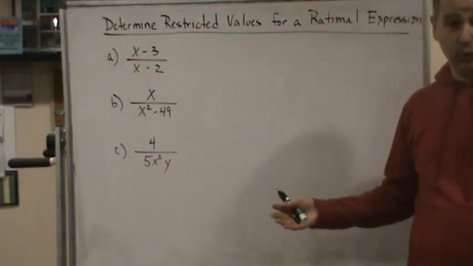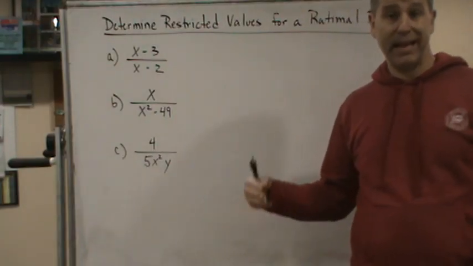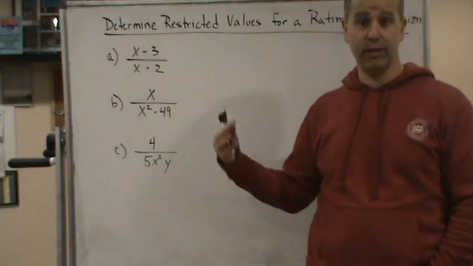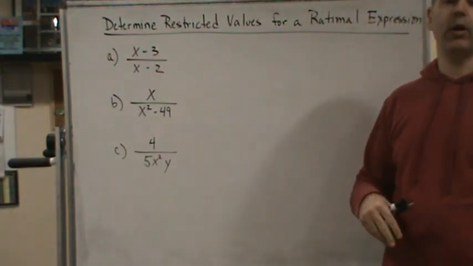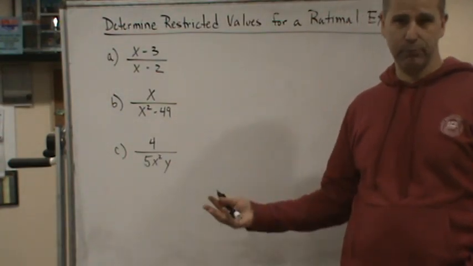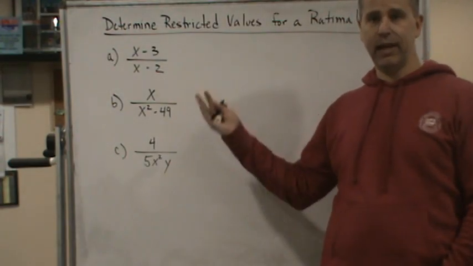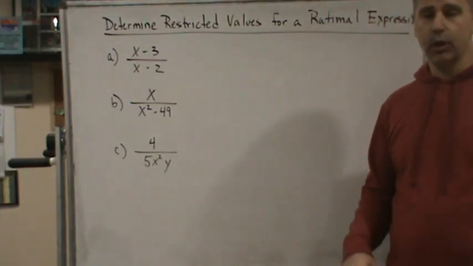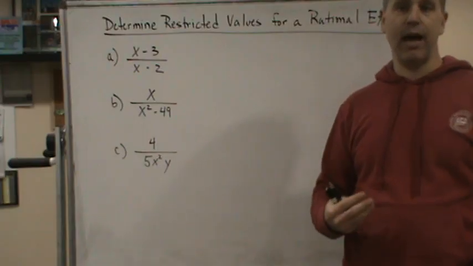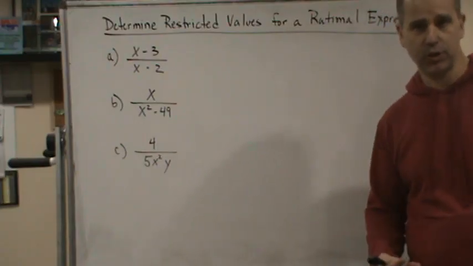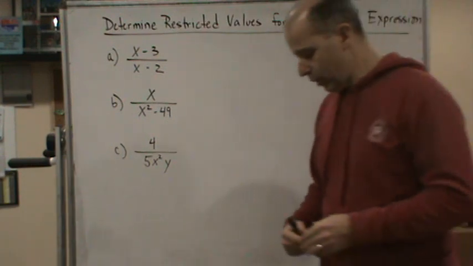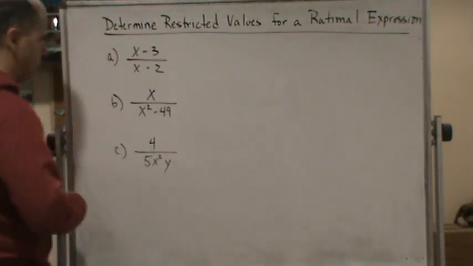Any value of a variable that makes the denominator 0 would be a restricted value. So we want to know all of the values that we cannot have, because if we did, we'd end up with 0 in the denominator. All we're going to focus on when deciding what the restricted values of a rational expression are is the denominator.